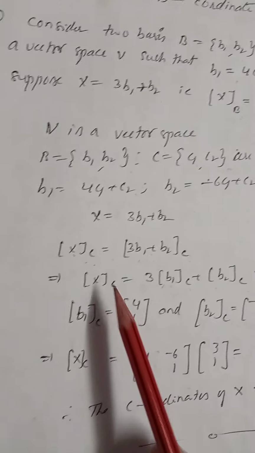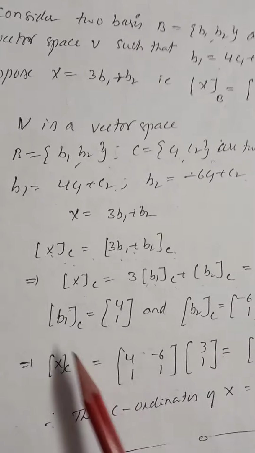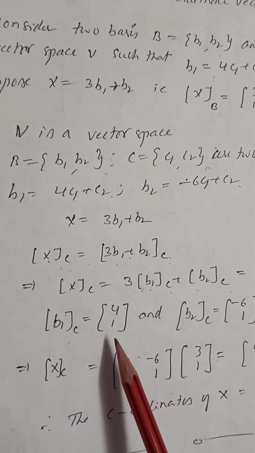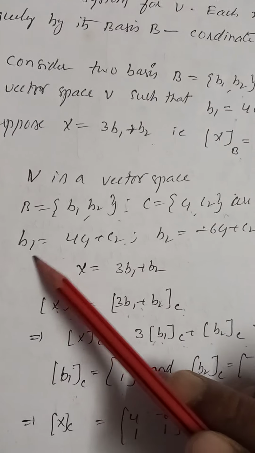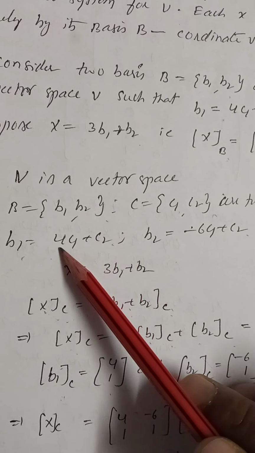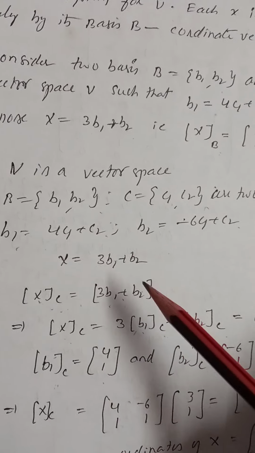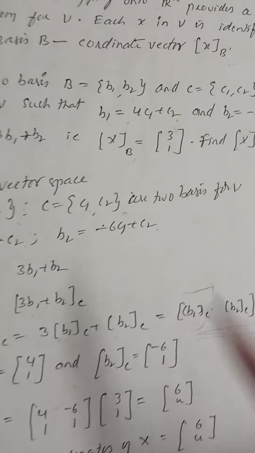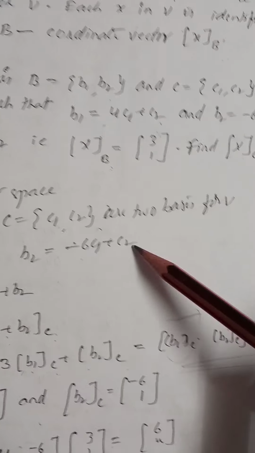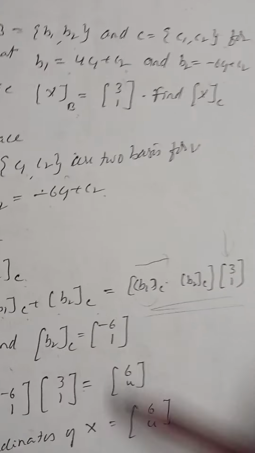Now, what is [b1]_C? It is given as 4, 1, that is, 4c1 plus c2. And [b2]_C is minus 6c1 plus c2, that means minus 6, 1. Column-wise you have to write minus 6, 1.